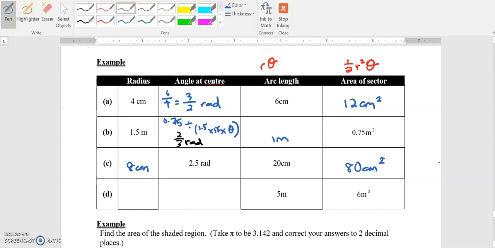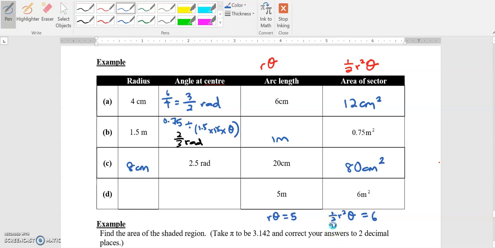Now what about this case in part D, where arc length is given, area of sector is given, but no radius and no angle at center is given to you? Then how to do that? Now we see that my r theta is equal to 5. Over here in the formula, I know half r squared theta is equal to 6.